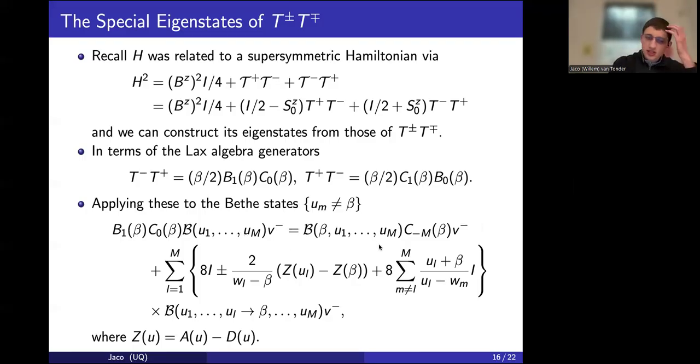In that case, for this to be an eigenstate, we require this to be 0 and this also to be equal to 0, because none of these states have the form of the eigenstate. So in both cases, we see that we need this term to be equal to 0.